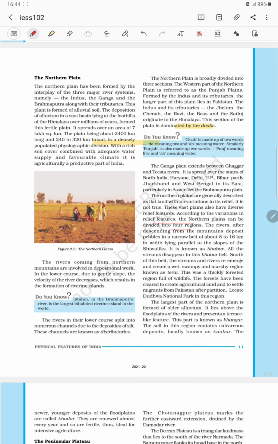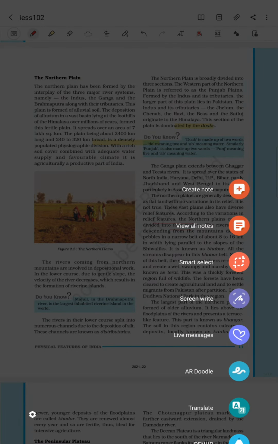First of all, just try to know India. What is India through this figure? Let's see. This is India.